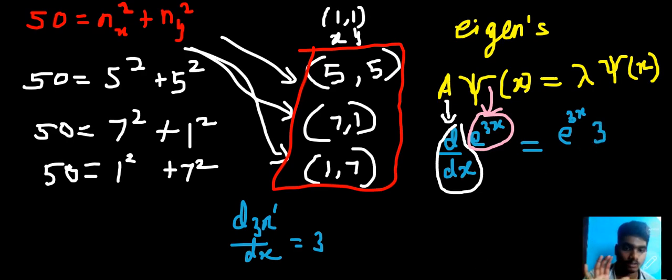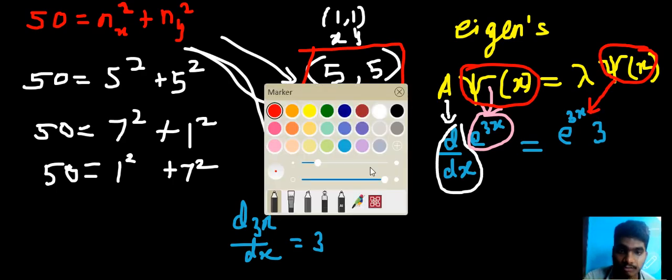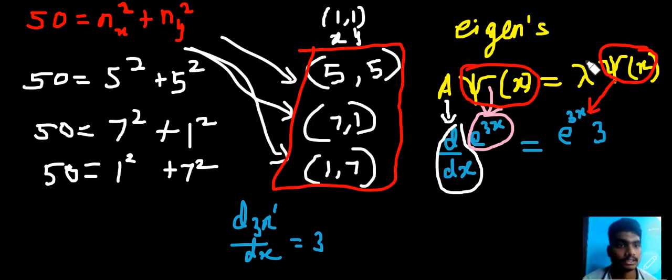Now look at this very carefully: psi was the exponential e power x, and now psi is the exponential e power 3x. The product we got from this is the eigenvalue lambda, which is 3 in this case. There are many explanations that can be done with this equation.